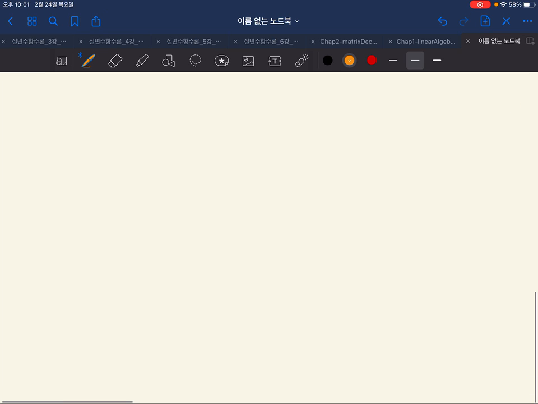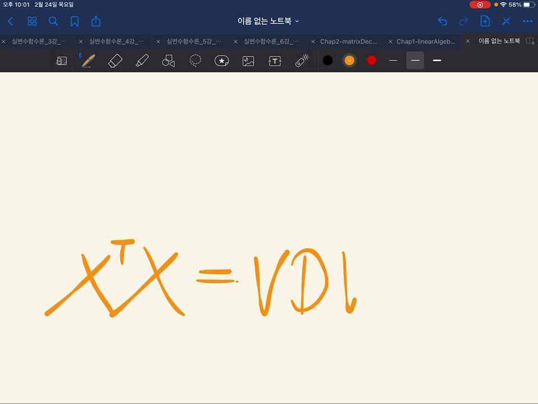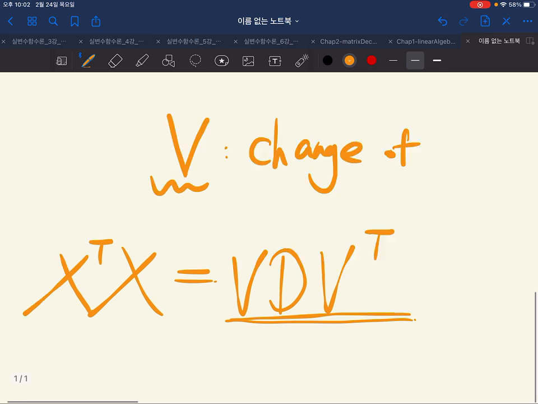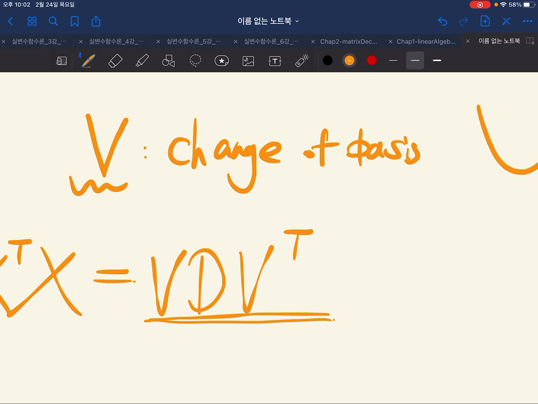So we've seen that the matrix is expressed as V D V transpose, so we can think that V is an orthogonal change of basis matrix.